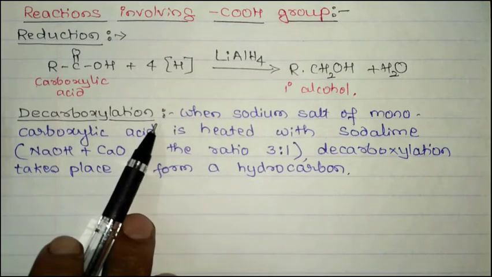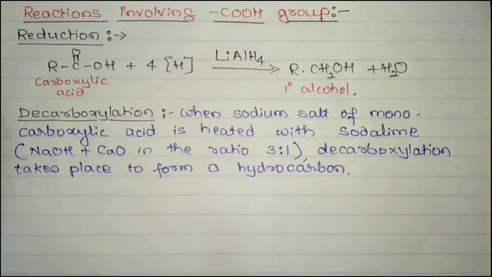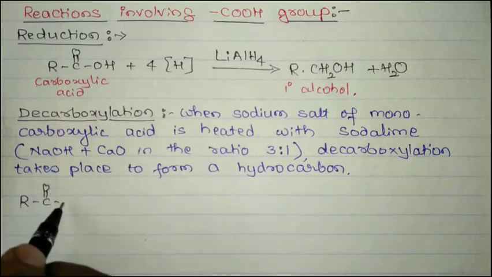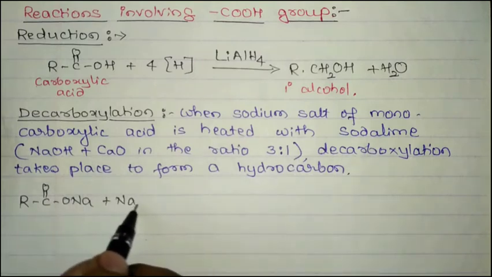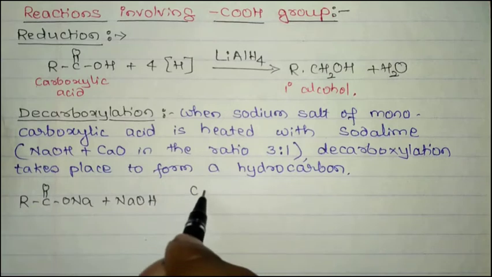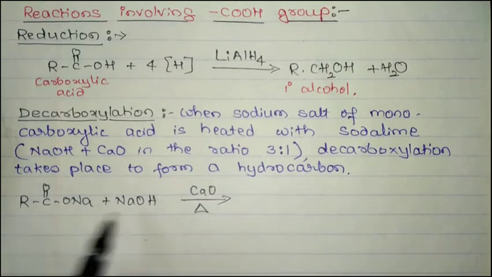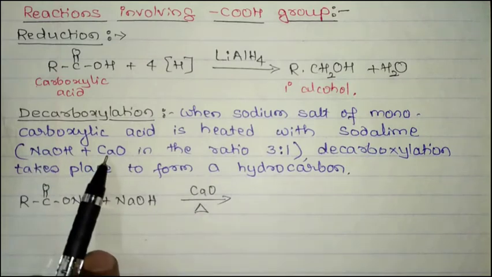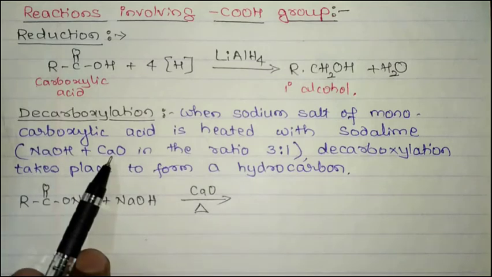Now we'll discuss the decarboxylation reaction of carboxylic acid. When sodium salt of monocarboxylic acid, that is RCOONa, is heated with soda lime, that is a mixture of sodium hydroxide and calcium oxide in the ratio 3:1. 3 parts of sodium hydroxide are mixed with 1 part of calcium oxide.